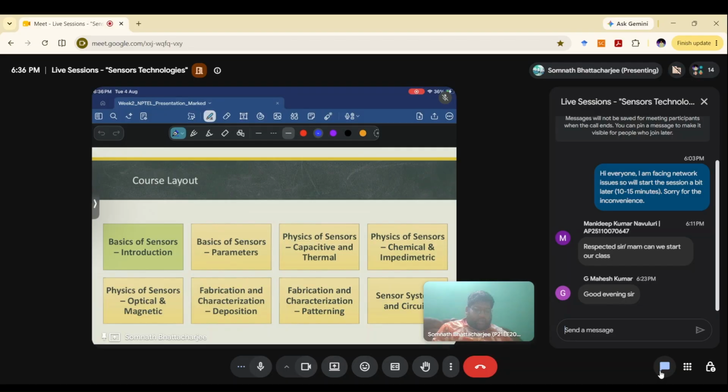Then we have learned about sensors versus transducers. So what are the basic differences between a sensor and a transducer? Then we have learned about different classifications of the sensors.